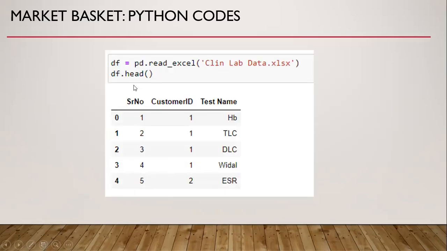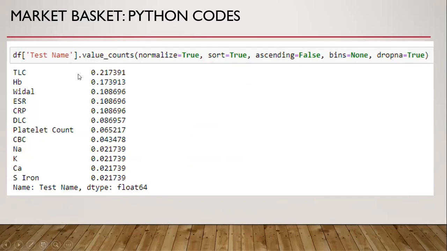So first of all, we load the data set in memory. This is our data set of clinical laboratory data. Then we can identify the common tests using the value counts function of the pandas package. So TLC, hemoglobin, Widal, ESR and CRP are the commoner tests in our database.